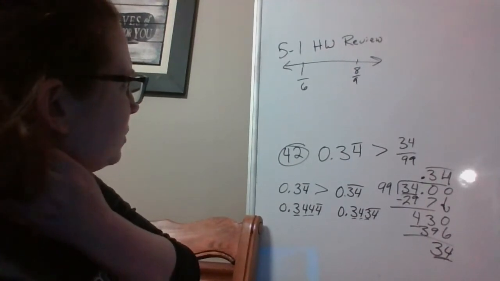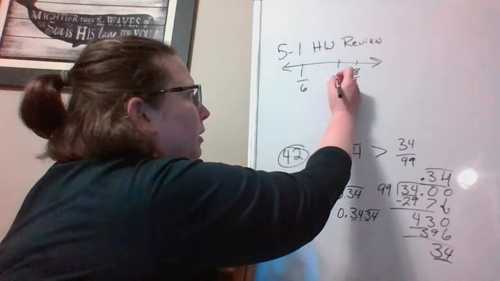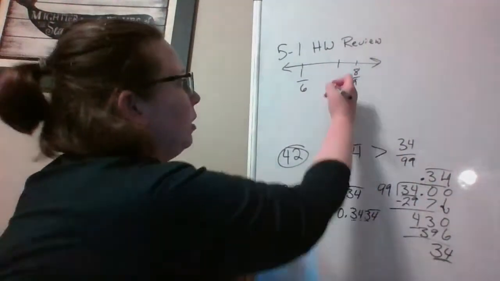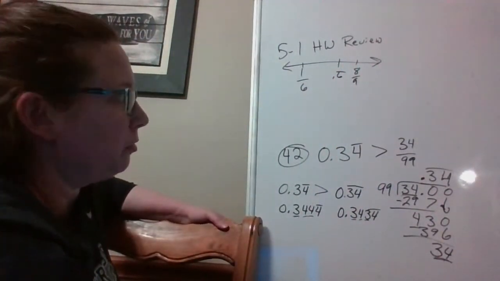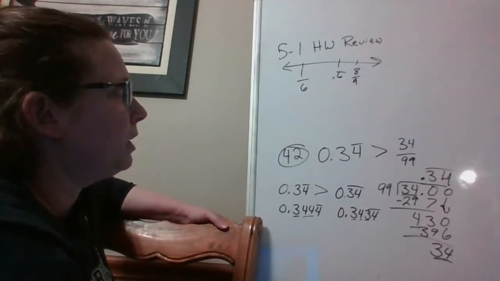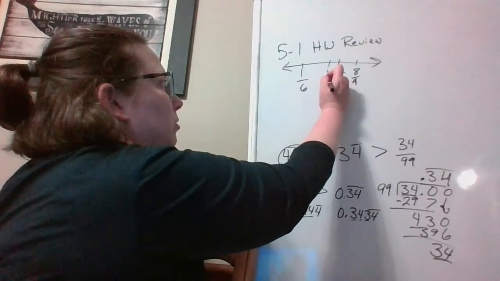For my repeating, I'm going to say this, 6/10 with a repeating period of 6, that's 2/3. That would be between the two of them. And I'm going to say, oops, 1/2.